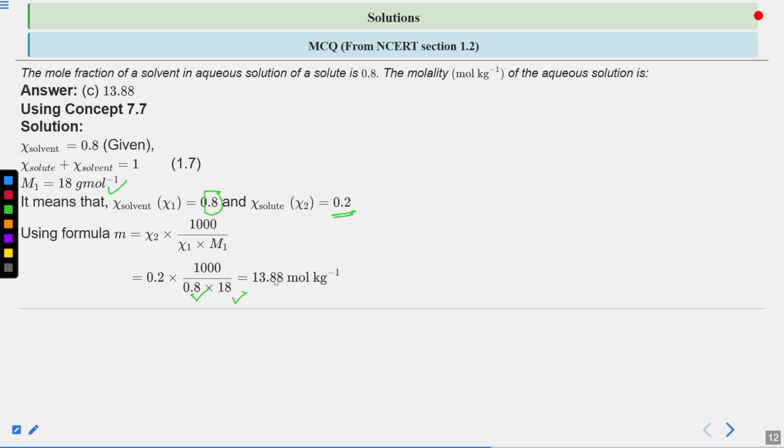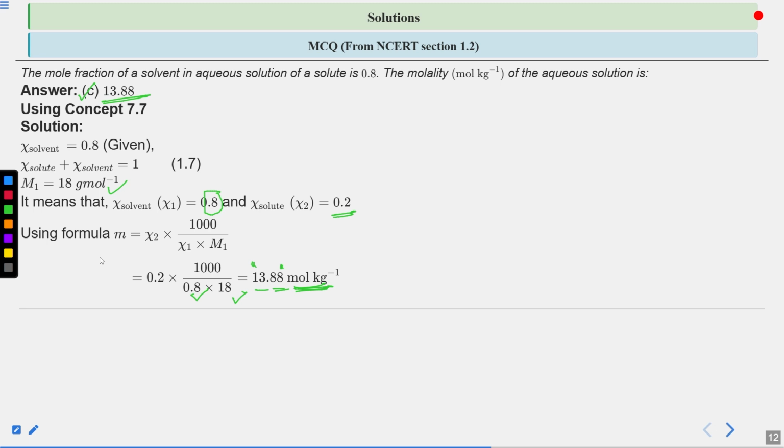And when you solve this fraction, it will be 13.88 mole per kg, the specific units for the molality. So this will be the correct answer after solving. Hence the correct answer is option C, which is 13.88. So this is the correct molality.